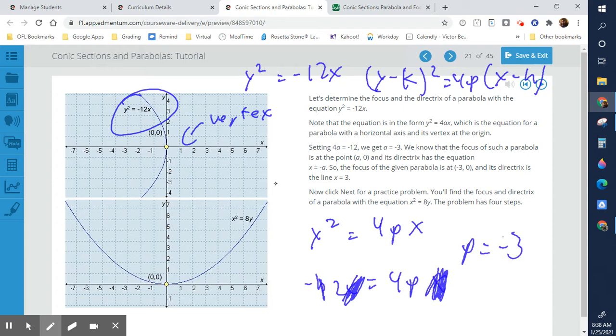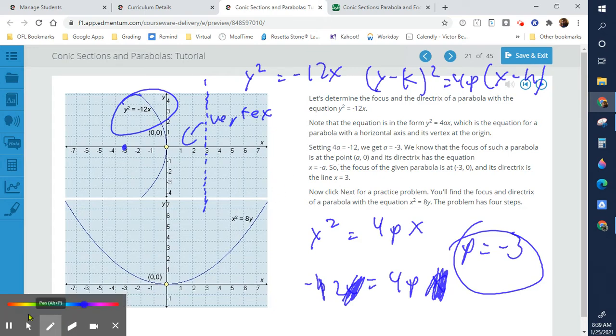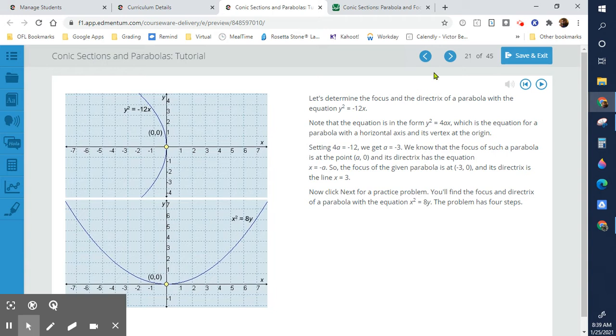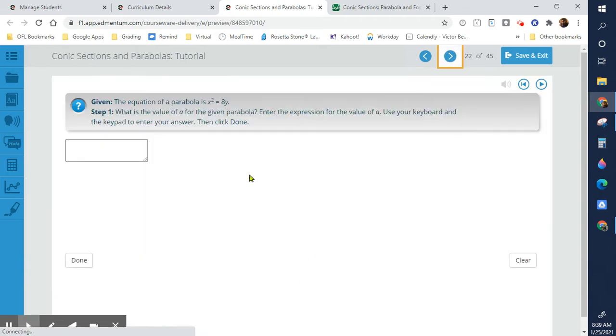And because our p is negative 3, this would get added to the vertex, our focus would be here, and this would be subtracted from the vertex, which means our directrix would be right here. So that's how you can find a focus and a directrix given a specific formula in a different notation. All right, so let's go on.